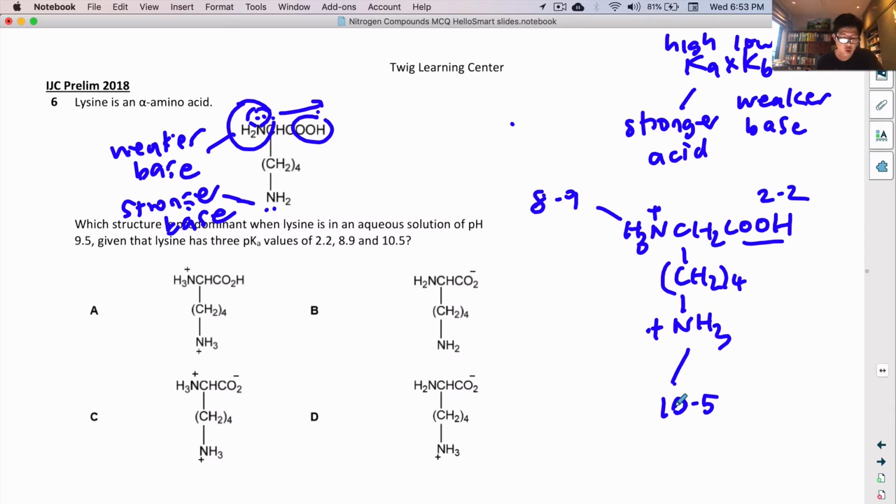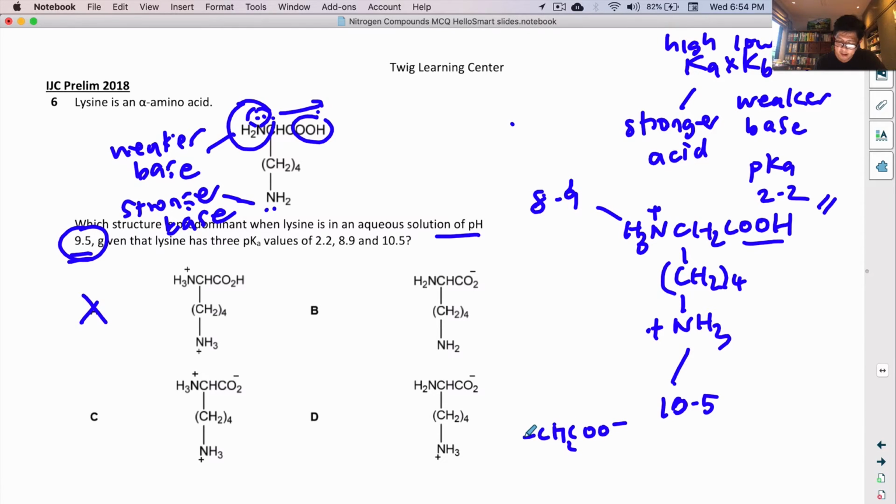They say which structure is predominant when lysine is in an aqueous solution of pH 9.5? So I'm just going to do one by one. If the pH is 9.5, which is greater than this pKa, it means the medium is quite basic. So this will exist as COO minus. So I'm going to eliminate A already.